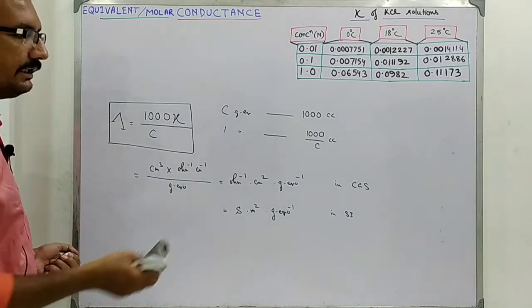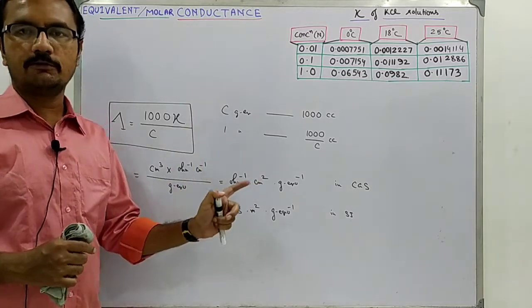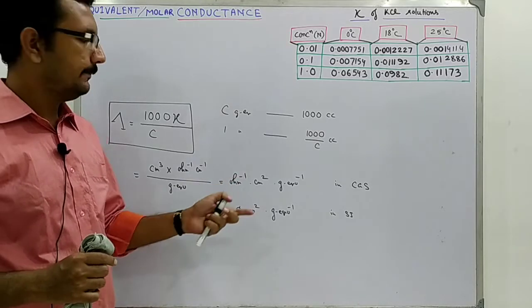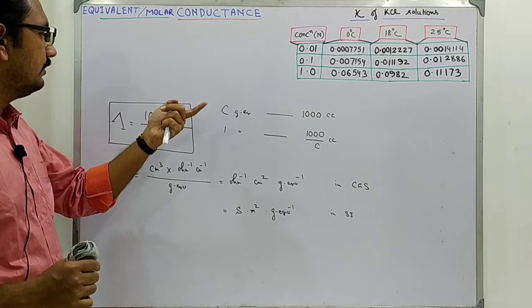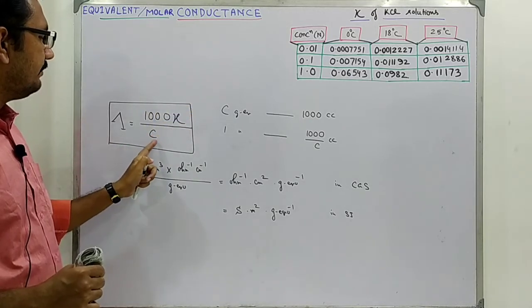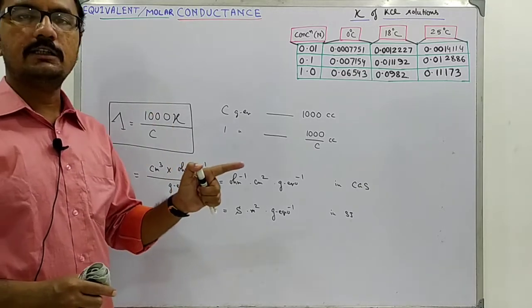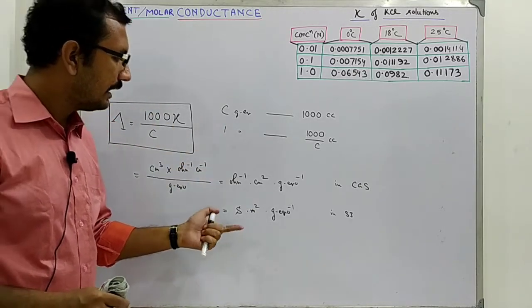Now, if we repeat the same thing with 1 mole of electrolyte instead of 1 gram equivalent, then it will be molar conductance. So, in that case C will be replaced by molarity instead of normality. So, what will be the dimensions?